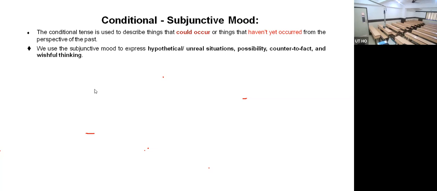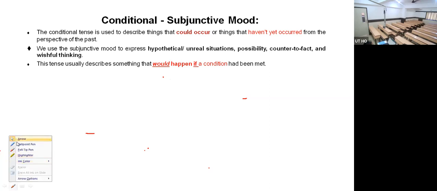Okay, so we were talking about conditional mood. What is conditional mood? When something hasn't happened or is not likely to happen. So we'll come across the words like would and if, right? So when you say would and if, what do you mean? Something that hasn't happened.